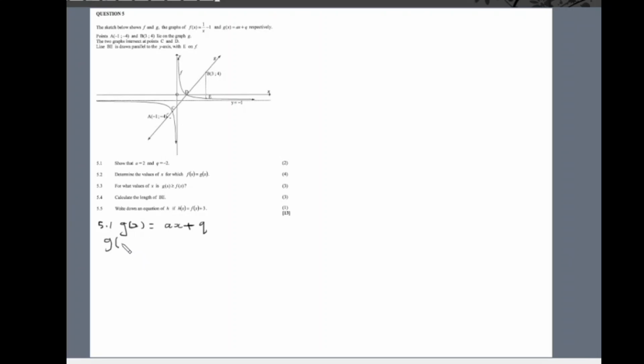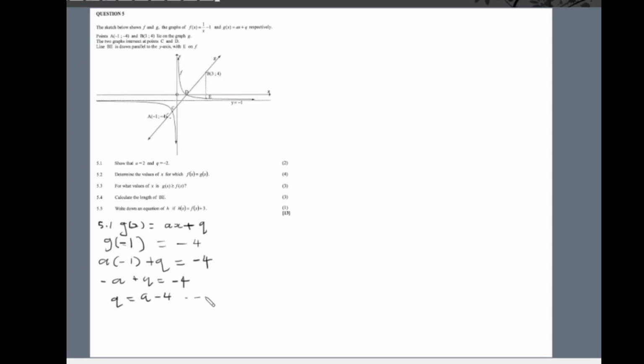So I'll go ahead and do that. Wherever I see x, I put minus 1, and if I do this, I should get minus 4, right? So I'll have a times minus 1 plus q should be minus 4, which is minus a plus q equals minus 4, which means q equals a minus 4, right?